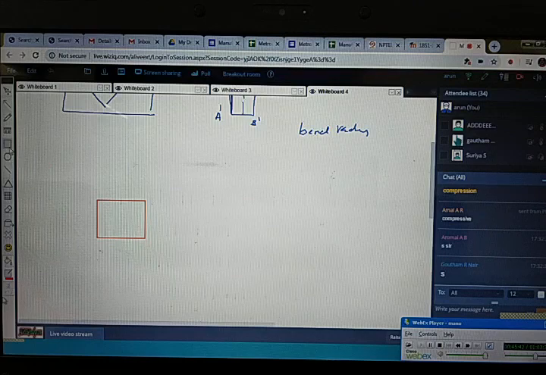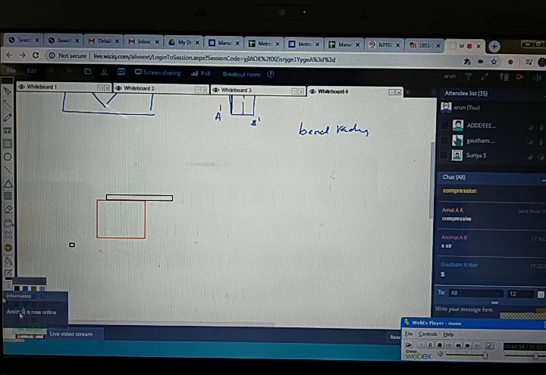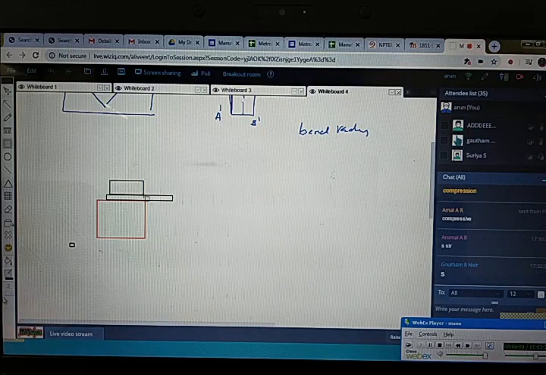Here one die is kept, and over that the workpiece is kept like this, and on that, to hold it firmly, the pressure pad is kept. The pressure pad is kept, and in contact with the pressure pad, the punch is also kept like this.